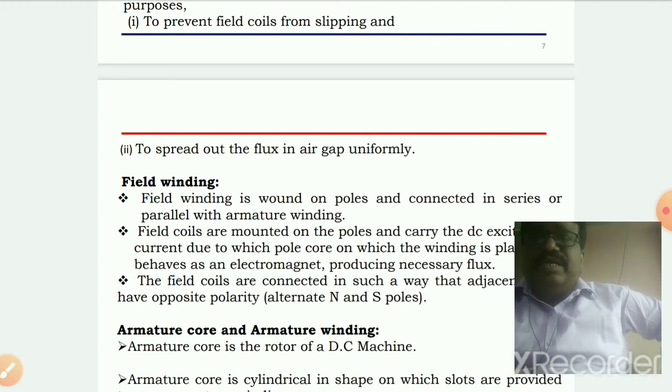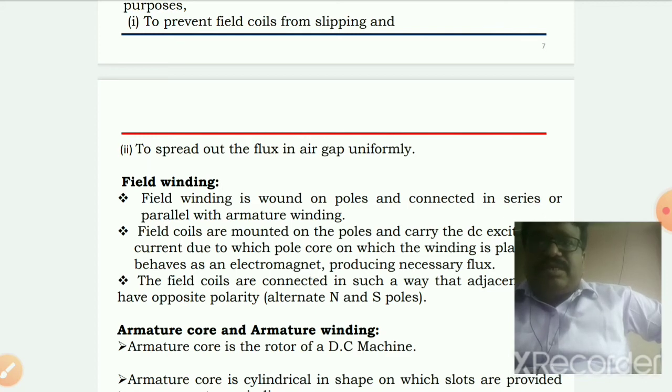The field winding is wound on a pole core and connected in series or parallel with the armature winding. Armature winding means the winding placed in the rotor.